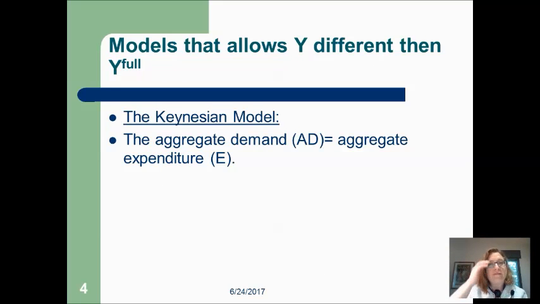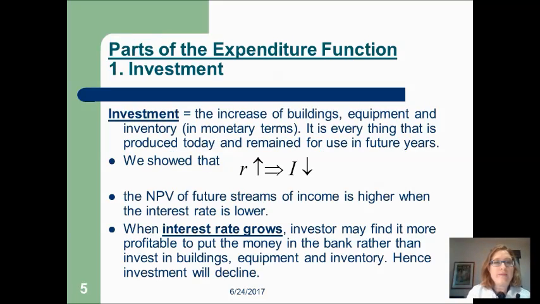Now, we have several models that allow the y of equilibrium to be different than y full. In the Keynesian model, we said that the aggregate demand equals the aggregate expenditure. Let's describe the expenditure function, or the aggregate demand, according to its components.